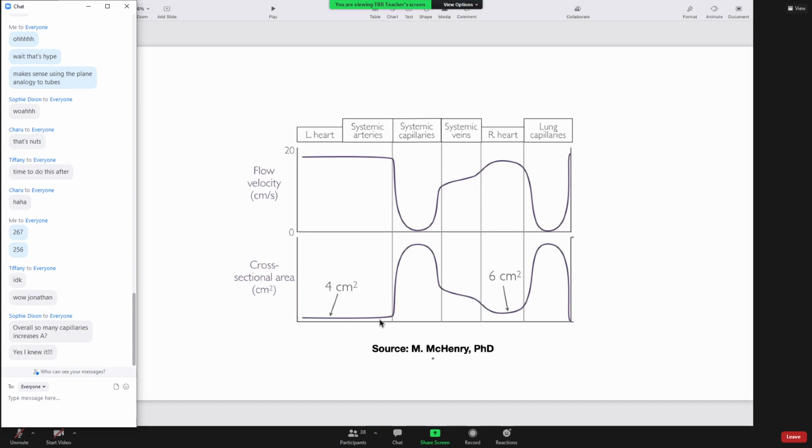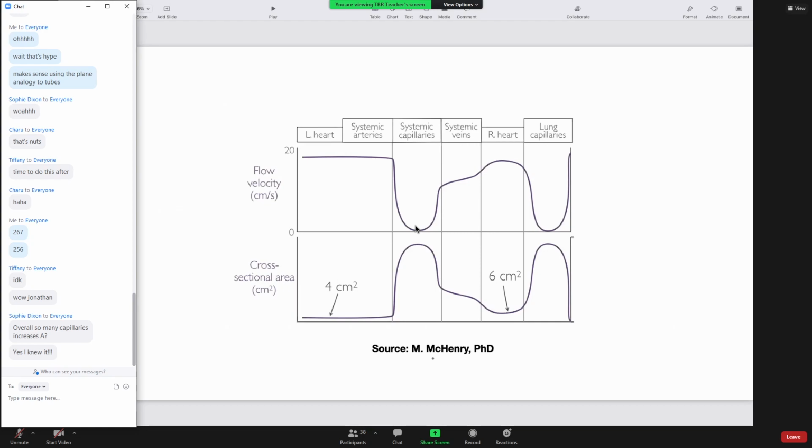All those arterioles are going to branch into a bunch of capillaries. We have so many capillaries that the combined cross-sectional area is much, much higher than that of the arteries. So because we have a higher cross-sectional area, the speed of the fluid is going to slow down. So the flow velocity will decrease.